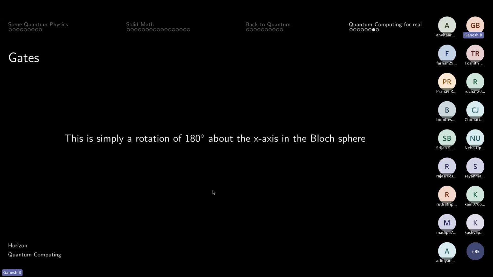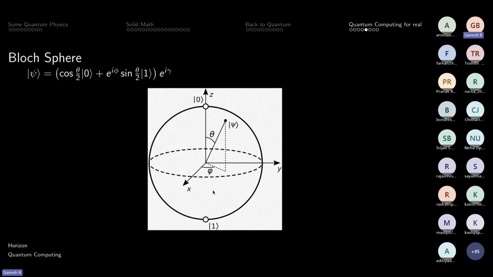If you look at the diagram here, if you have your state vector at 0, the NOT gate will just map it to 1. That will be just a 180-degree turn along the x-axis. So a point here will go diametrically opposite. It rotates it about the x-axis, and that's precisely why it is called the X gate.